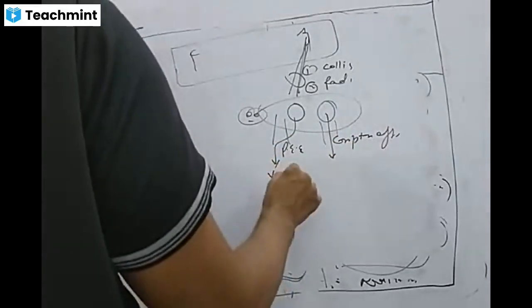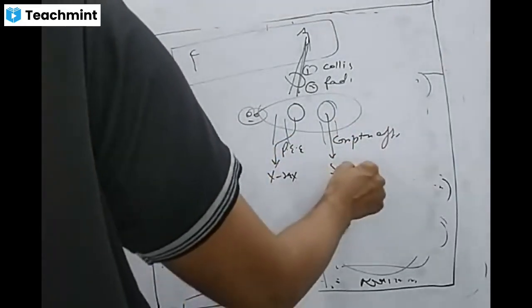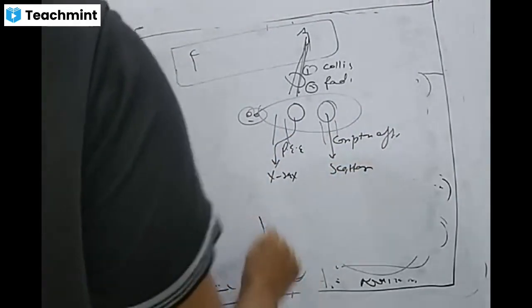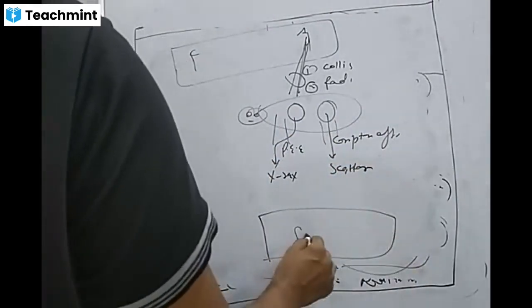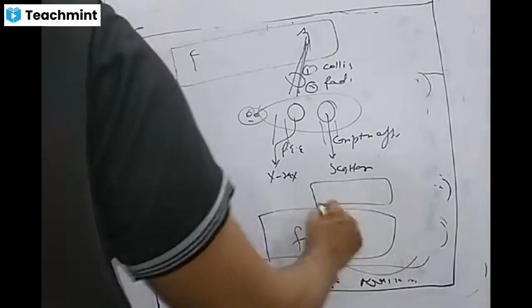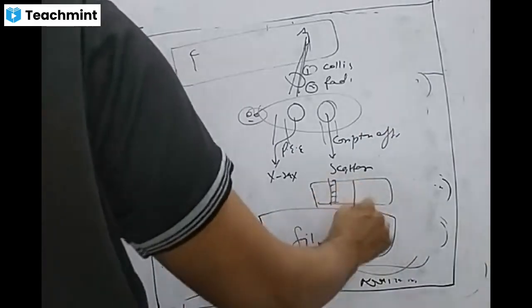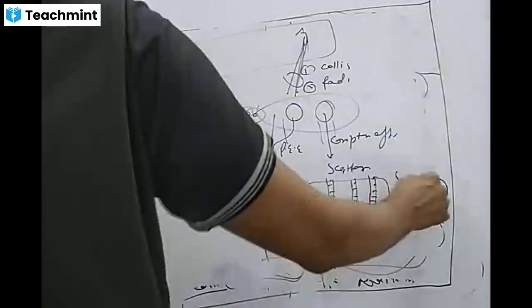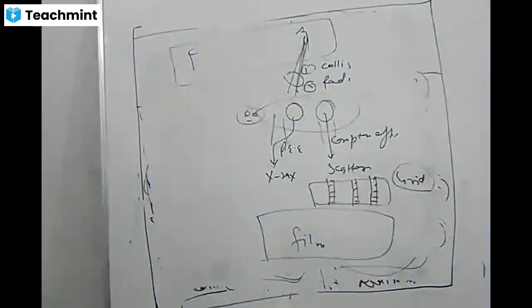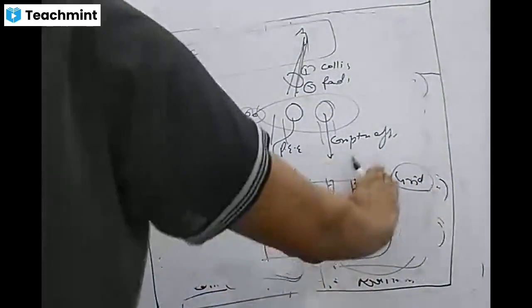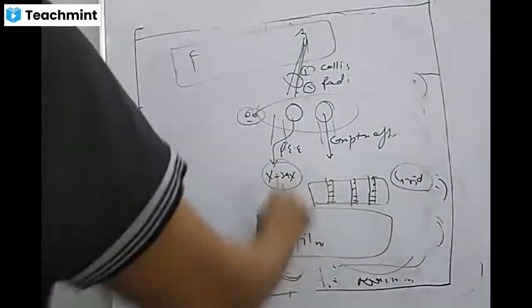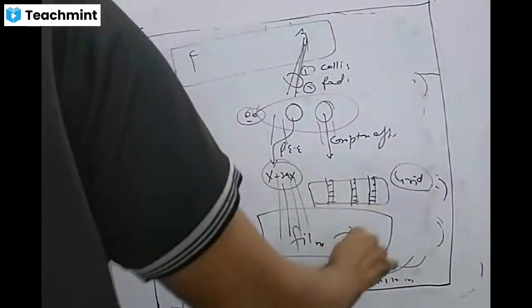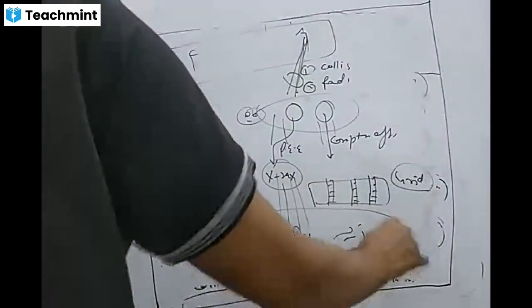This gives you X-ray, and this will give you scatter. This is our film, and to remove this scatter we use the lead line system, which we call the grid. So we remove the scatter, and the X-rays fall on the film and give you a good image.